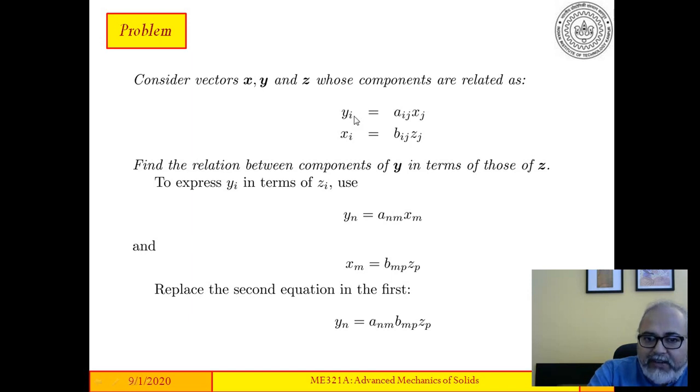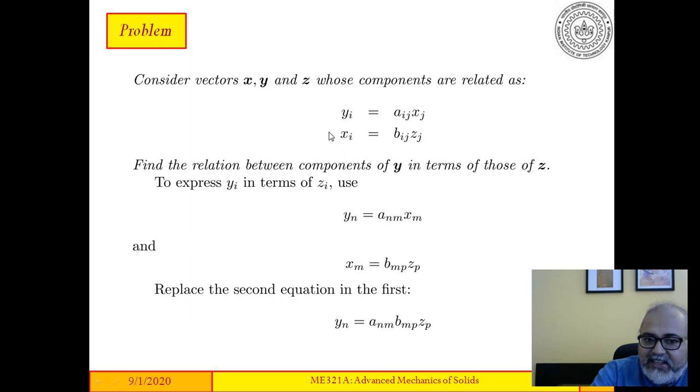So the first equation is y1 equal to aijxj, and since j is a repeated index, there's an invisible summation over j. So the right hand side is actually a11x1 plus a12x2 plus a13x3. So y1 is equal to a11x1 plus a12x2 plus a13x3. Similarly, x1 is equal to b11z1 plus b12z2 plus b13z3.